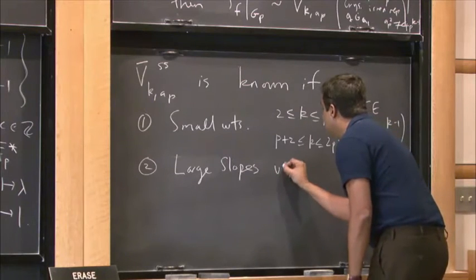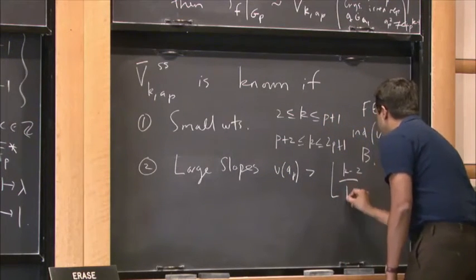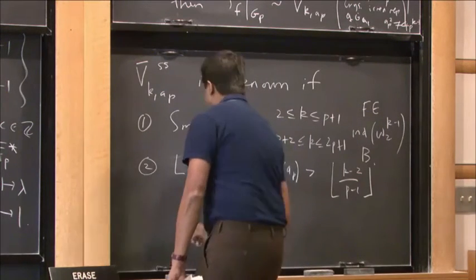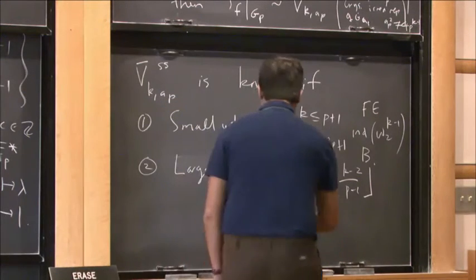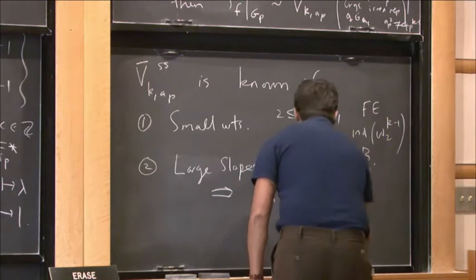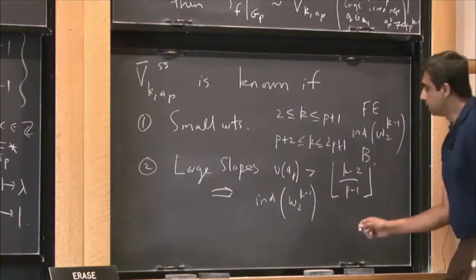Large here means that it's bigger than the floor of (k minus 2) over (p minus 1). In this case, there's this nice paper of Berger-Li-Zhu, which says that again you get something irreducible. Well, it can be reducible if p plus 1 divides k minus 1. This breaks into a direct sum of two things, but generically it's irreducible.